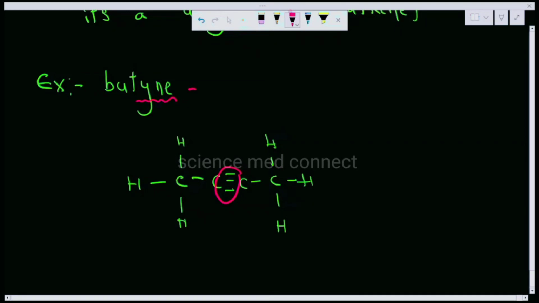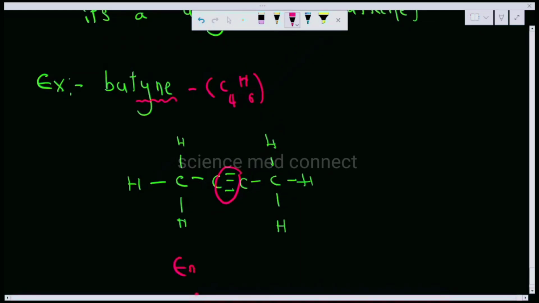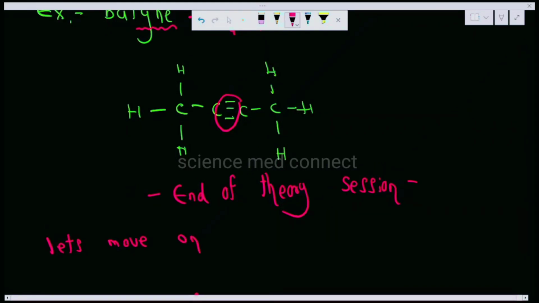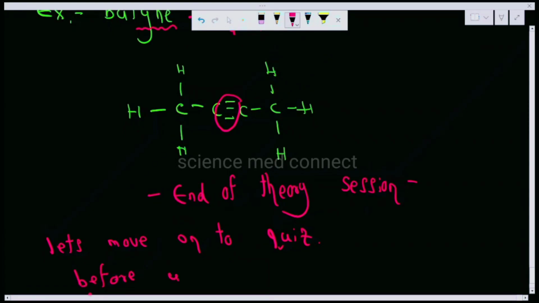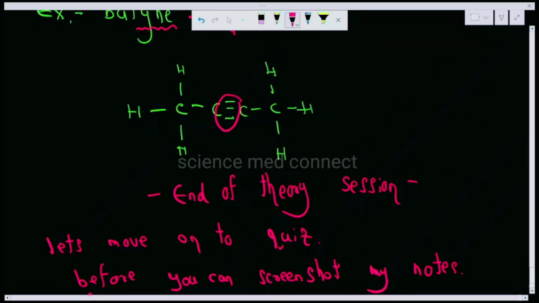So you can say butyne is an alkyne. Okay, so that's the end of our theory session. You can screenshot these notes if they are important to you, or you can use this as a short note. So now let's move on to our quiz.